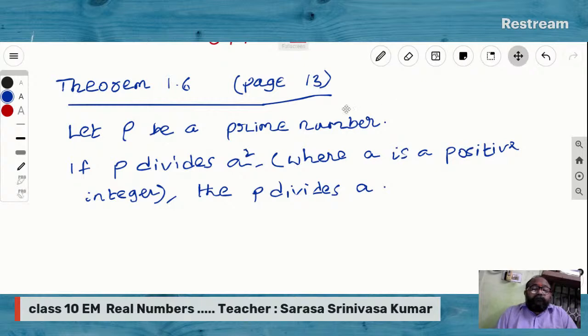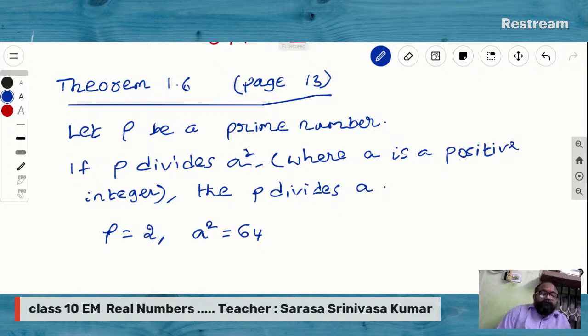To understand the statement of this theorem, we consider some examples. P equal to 2, a square equal to 64.